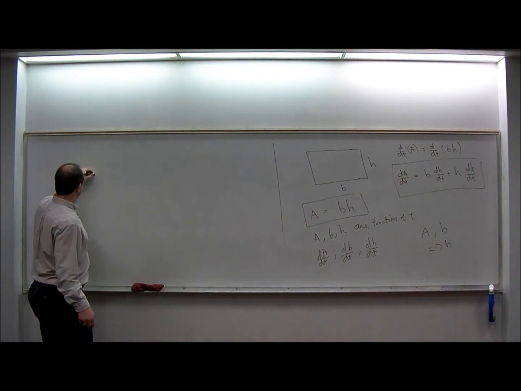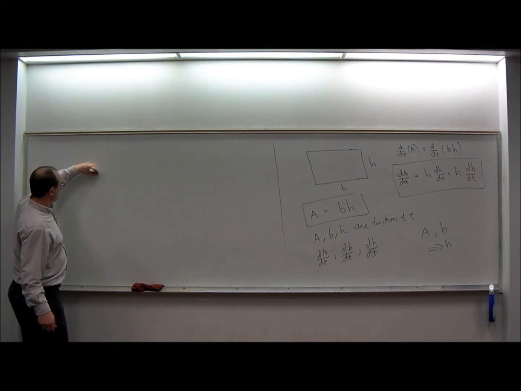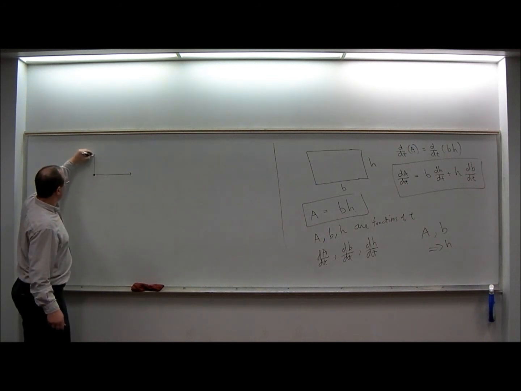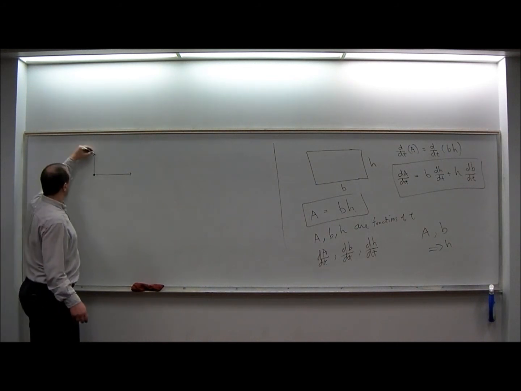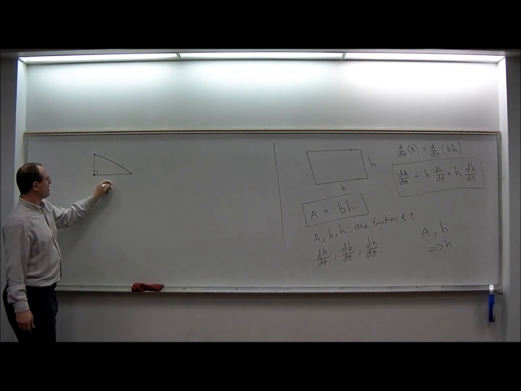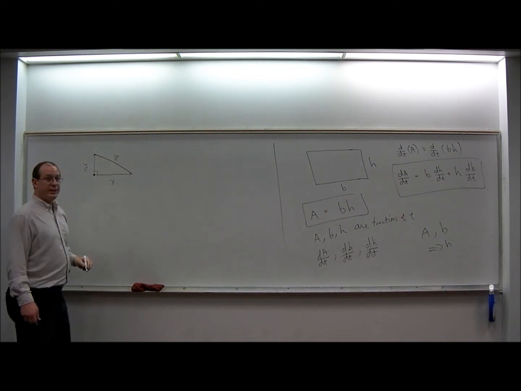So suppose we have a point here, and then there's an object moving in this direction, and an object moving in this perpendicular direction, and we make this right triangle, and we label the sides x, y, and the hypotenuse z.